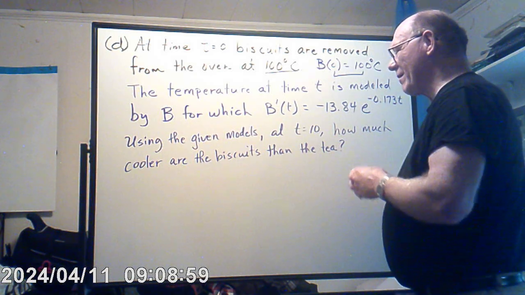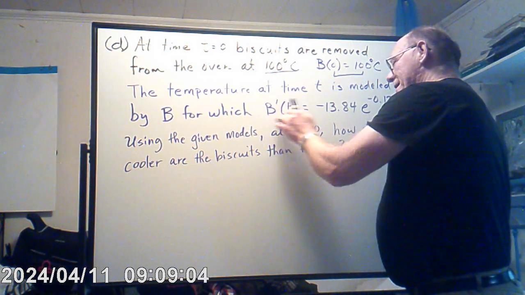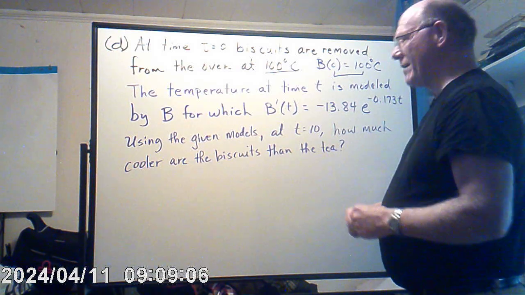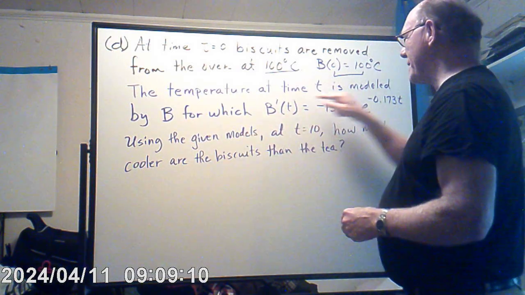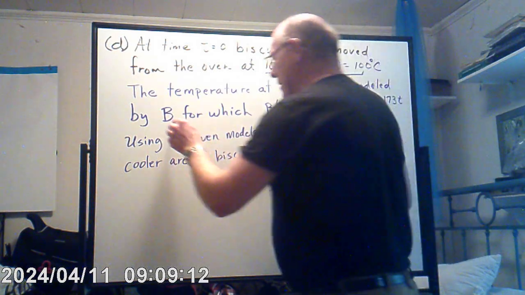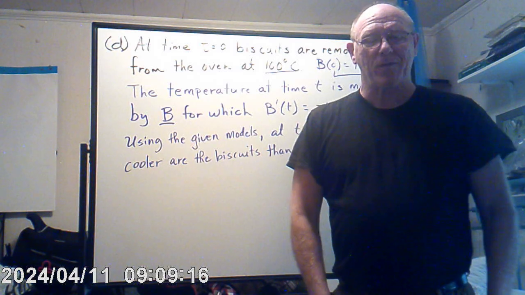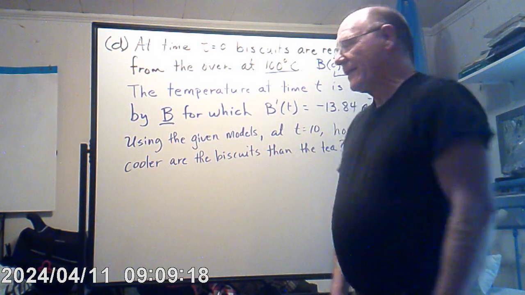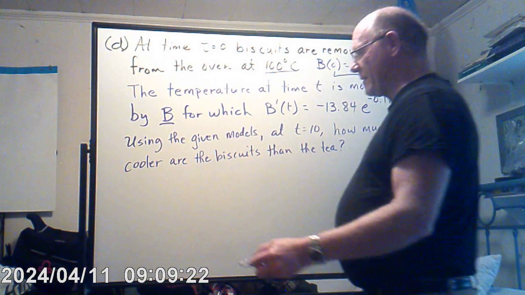Alright, so we're talking about temperature here. This is a rate, so we have to integrate that rate to get back to the temperature. See, the temperature is modeled by B. We want to get back. This is just a practice of the fundamental theorem of calculus, isn't it? Okay, so here's how we set it up.